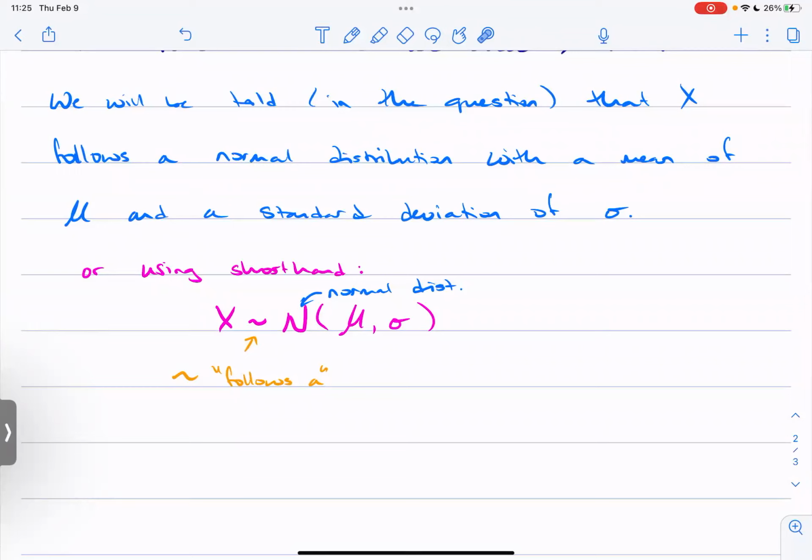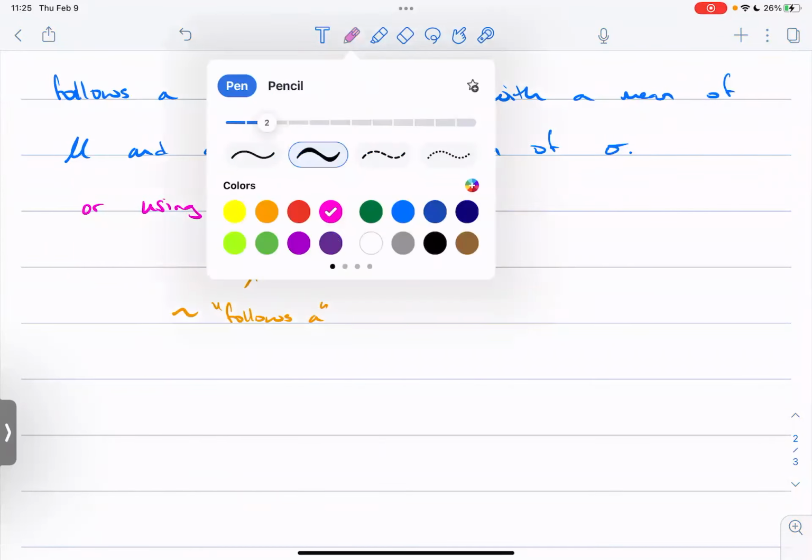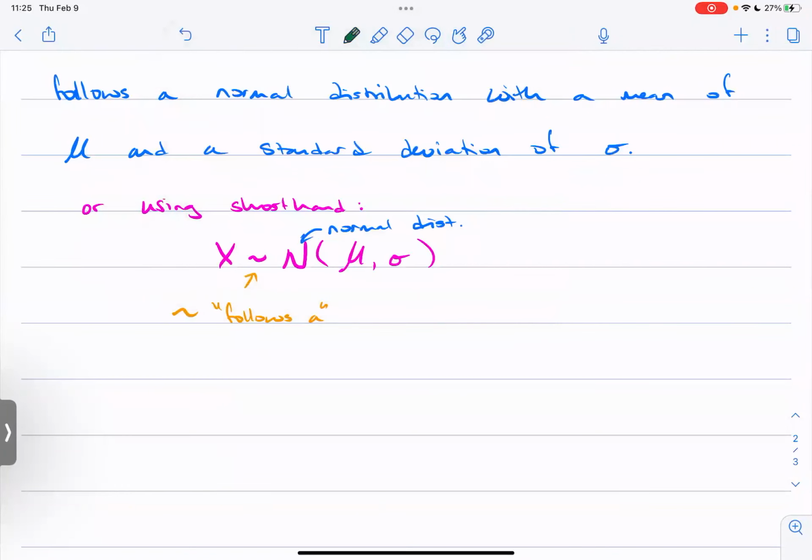And I think if you look on your formula sheet, here I've used the lowercase x. That was sneaky of me. I do have that notation, so just be aware. And as long as you know how to read it, that's great. Maybe I'll clarify what this is too, with mean mu and standard deviation sigma.